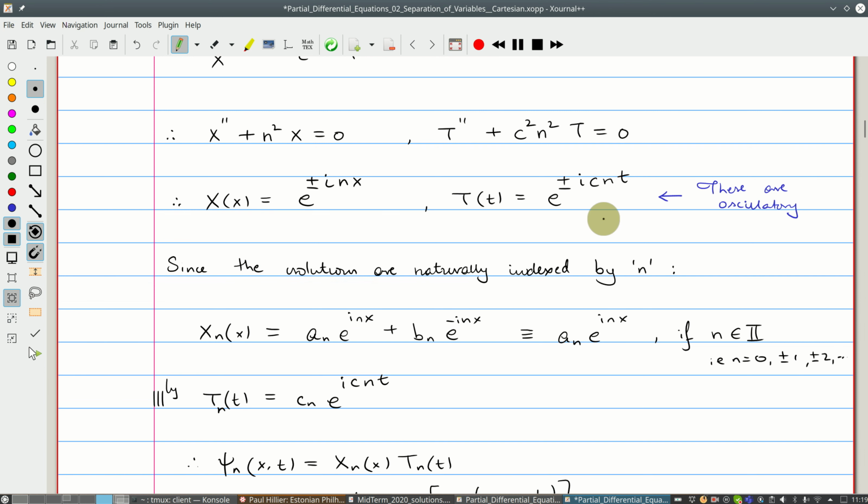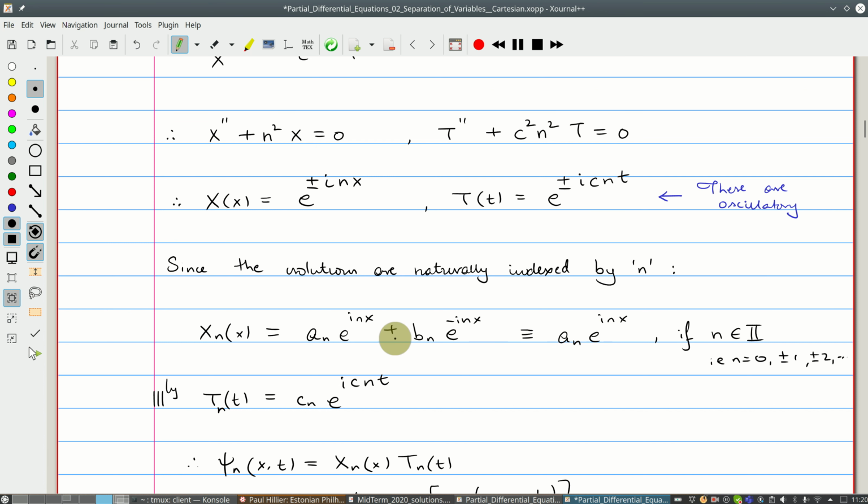They're all there, and it's just up to you to find out what they are. So if we take these oscillatory solutions as the ones we are after, then we can write down our general solution for X. I've indexed it now with little n, because we have a little n appearing here. So X_n, which is a function of x, is equal to some constant A_n e to the i n x plus B_n e to the minus i n x. Now I could just simply write this as A_n e to the i n x.